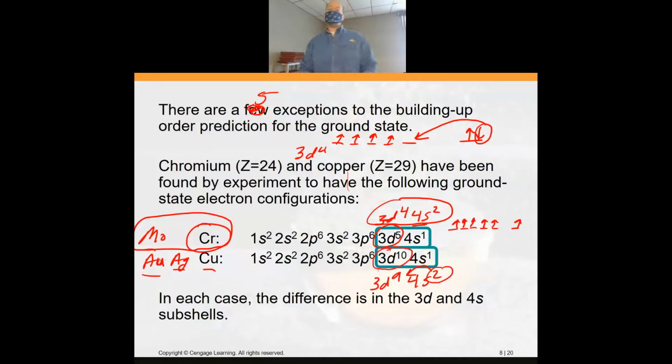Your 3d subshell is full, and then your 4s subshell is half full. All 10 electrons are going to be in your D, and then you're going to have a half full 4s1. So the 5 exceptions you need to know are molybdenum, chromium, and then silver, gold, and copper.